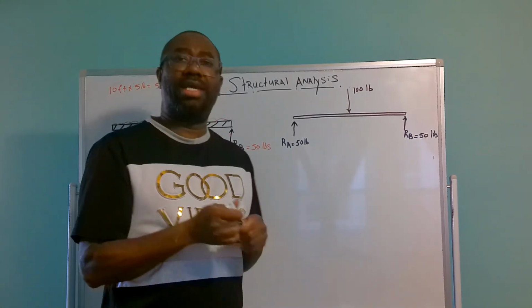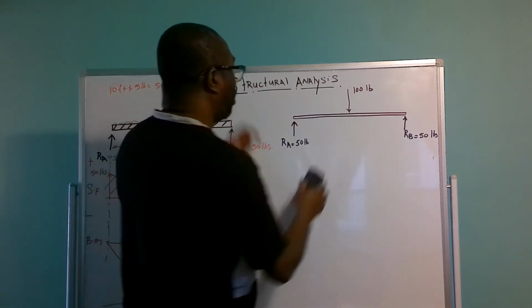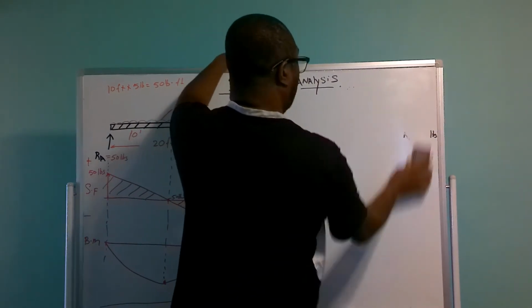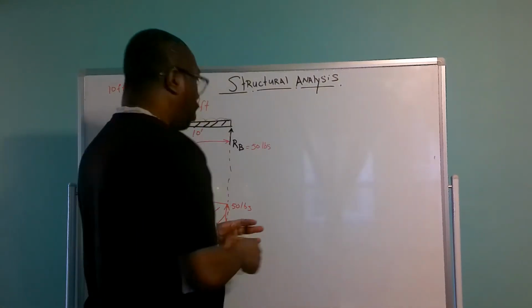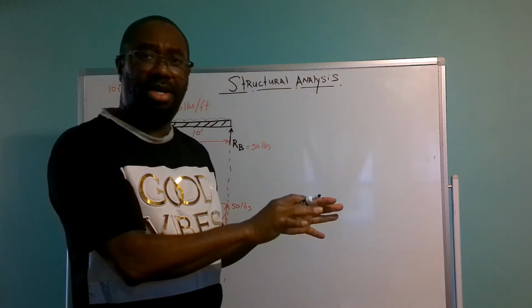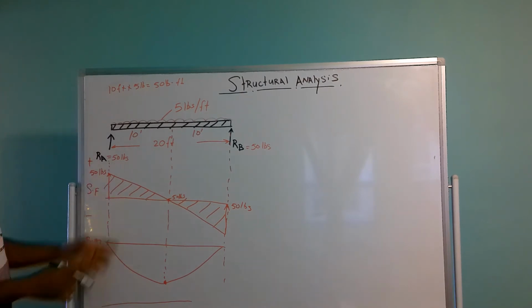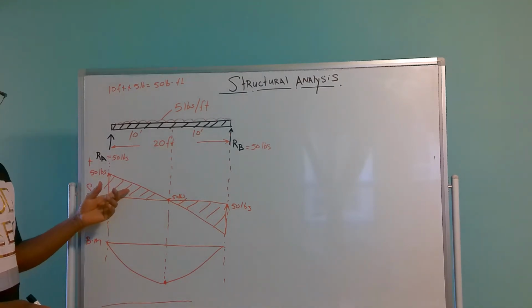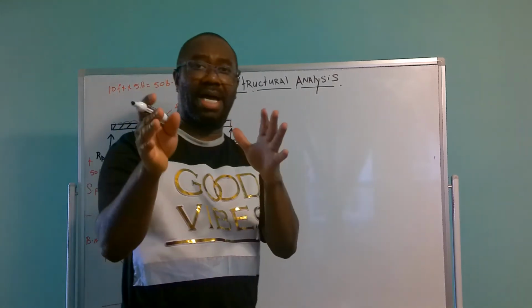Now, as I said to you before, to calculate the bending moments diagram, the bending moment is going to be the area of this triangle, which is half base times height.